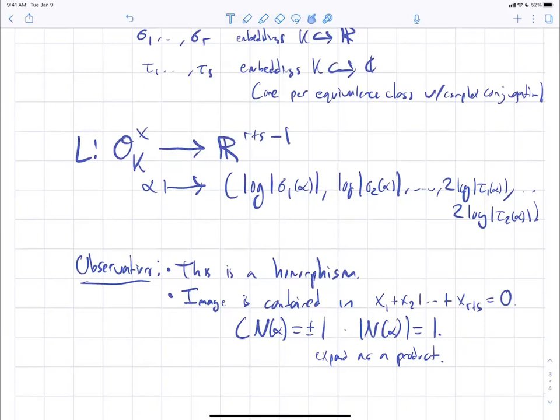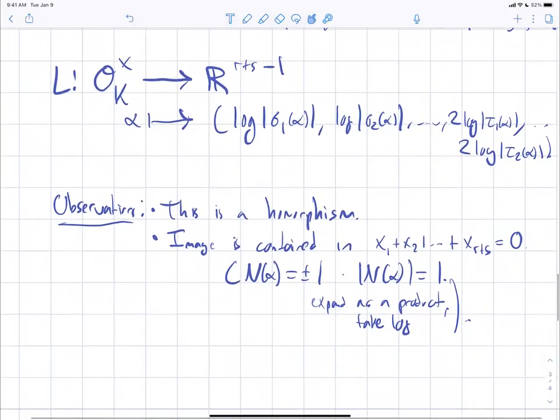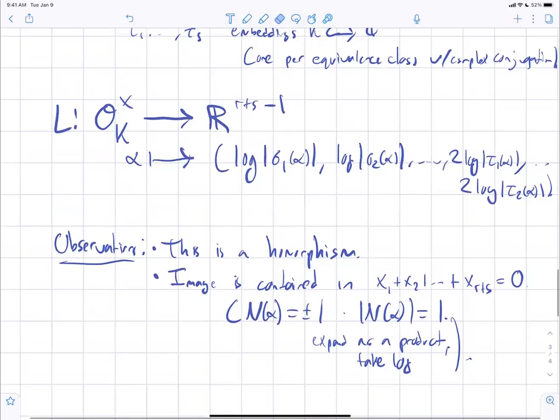Then you take log, and that's where this 2 comes from. If you expand the product and take log, you get this identity. Sorry, what I wrote down up here was bad. The map I wrote down goes to R to the r plus s, since we have r real embeddings and s complex embeddings.